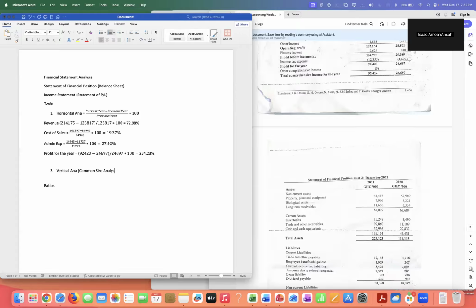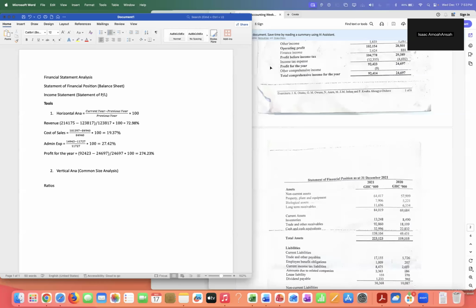Common size analysis. For vertical analysis, we're going to look out for a common item which is relevant to the rest of the items that exist on each of the statements, and then note how that item has contributed to the rest of the items. For the statement of profit or loss, its relevant item will be revenue.